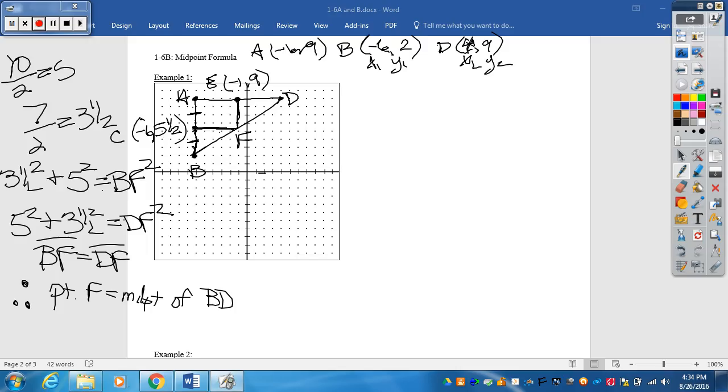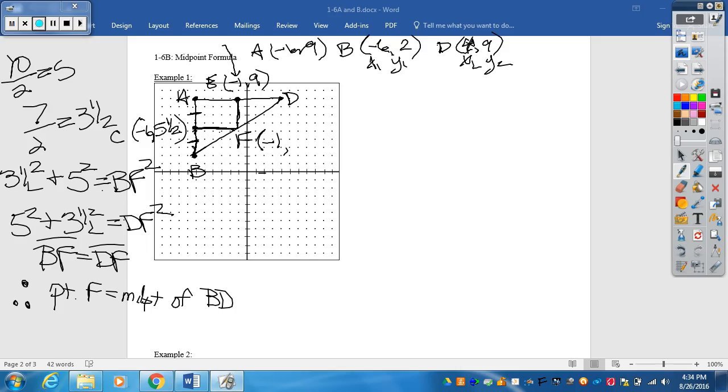In order to get this point right here, the x value, which is the same x value here, okay?